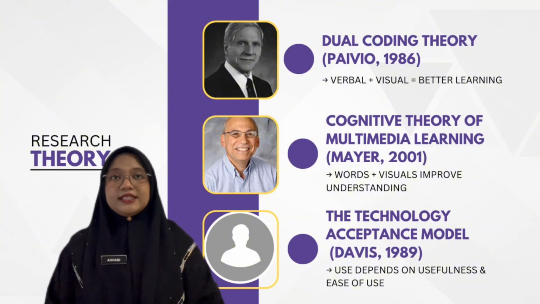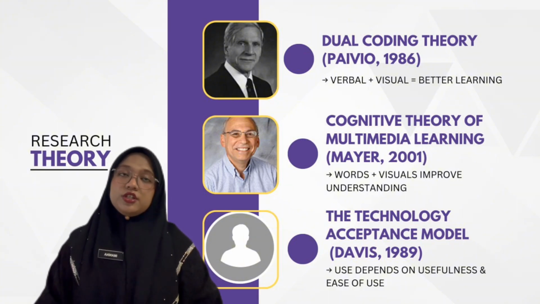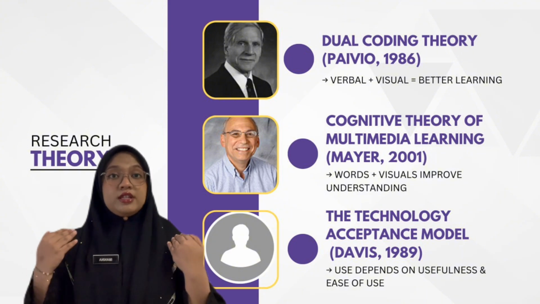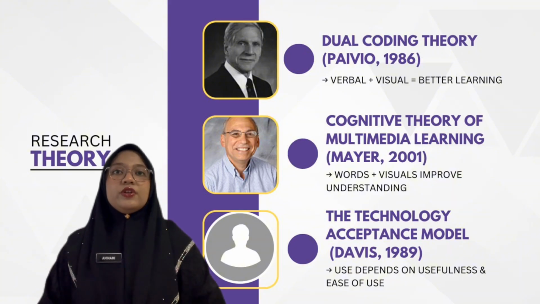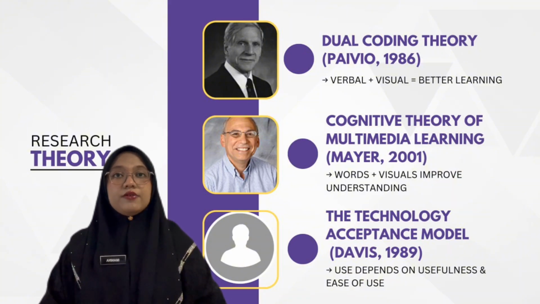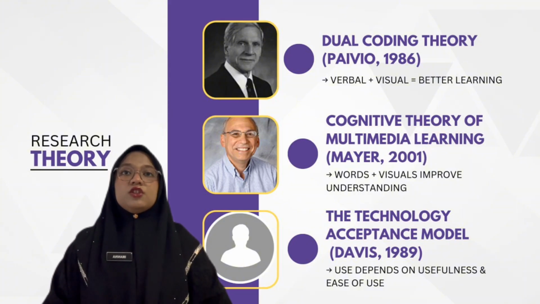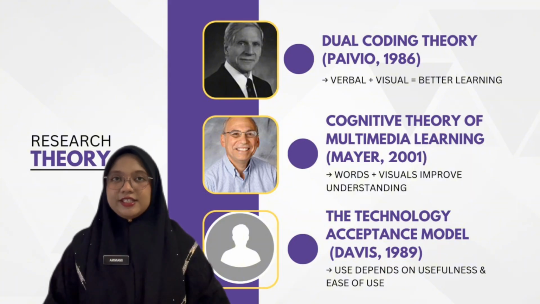It also emphasizes that learners have limited cognitive capacity, so information should be presented in a way that does not overload them. In relation to this study, visual representation organizes grammar concepts in a clearer and more structured way, which reduces confusion and improves comprehension for the learners.